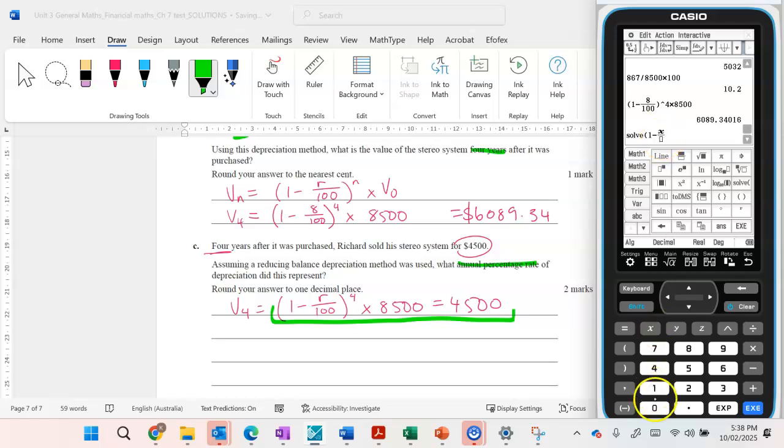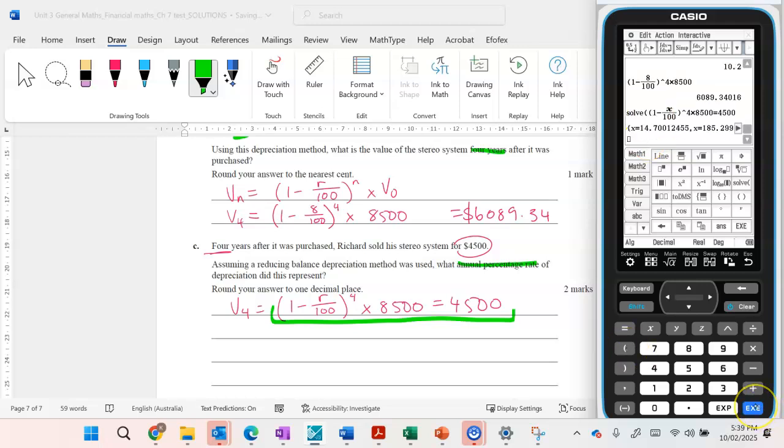Just make sure you understand all the different methods because some are easier than others, and just because I'm doing this method doesn't mean it's the easier one, it's just the one that first comes to my mind. All right, and that is equal to 4,500. Need another bracket here.